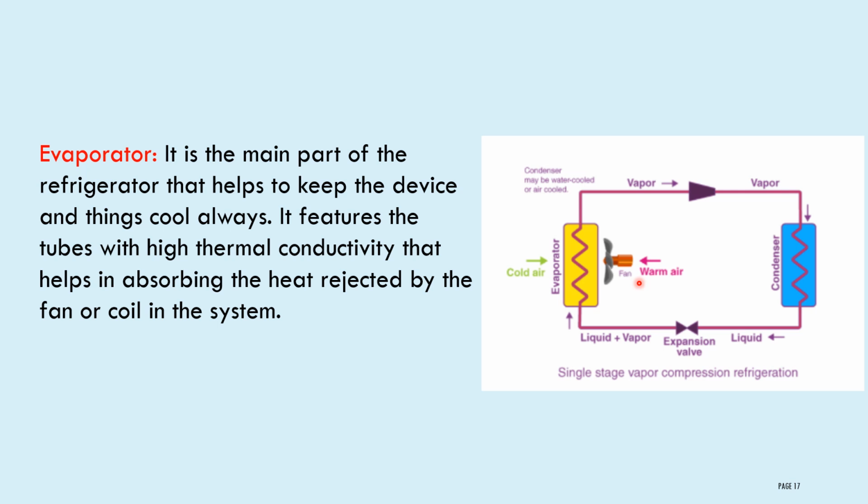After rejecting the excess heat, the evaporator tube will absorb the excess heat present inside the refrigerator. The evaporator gives the cooling effect and maintains a lower temperature of the refrigerator. Therefore whatever items you keep in the refrigerator will not get spoiled. It will maintain a lower temperature.